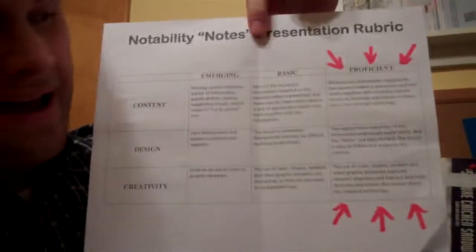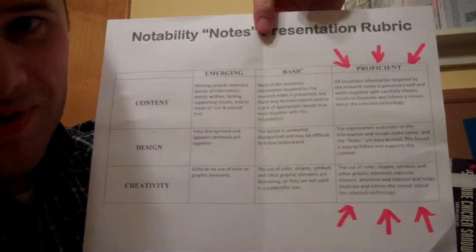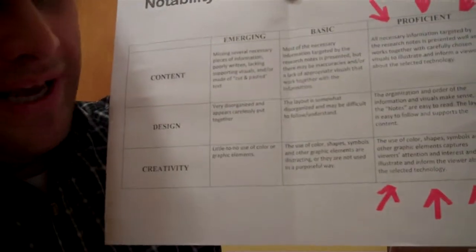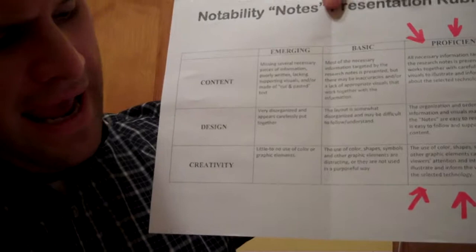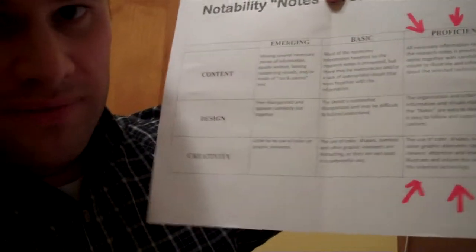And you'll note that I have red arrows pointing to one of the scoring columns, proficient. You're aiming for proficient. So look at each of the domains. You've got content, design, and creativity, and you're going to be aiming for proficient.